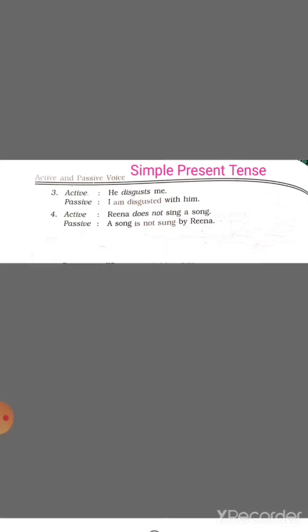So does will just act like the other sentence. A song. After that the auxiliary verb I told you, is. After that, because it is a negative sentence, not. After that sing is the main verb: sing, sang, sung. You have to write the third form of the main verb, so sung. After that by Reena. So the answer is a song is not sung by Reena.